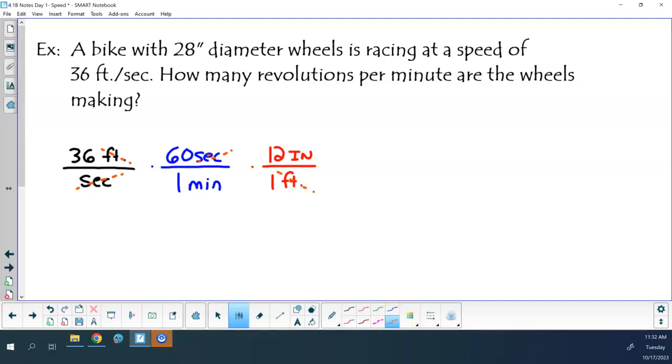Now we can do what? One radian is 14 inches.